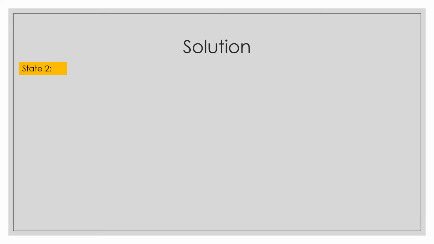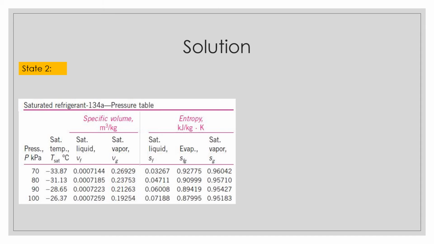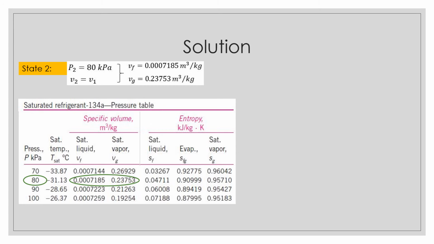Next, we need to determine the properties at state 2. We refer to the property table of saturated refrigerant 134A, and we look at the pressure 80 kilopascal, and we find the vf and vg values. Knowing from the previous information that the specific volume v1 equals v2, the value of v1 or v2 is 0.13248, which is in the range of vf and vg that we obtained from the saturated refrigerant property table.